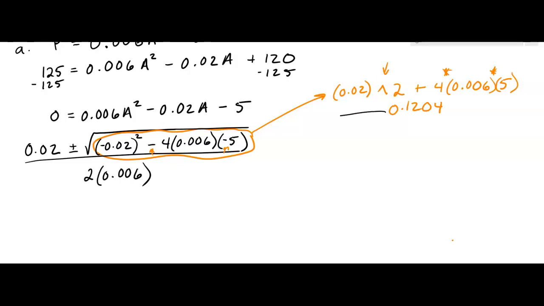That's going to go back in here. So now I have 0.02 plus or minus the square root of 0.1204 all over 2 times 0.006. What's that? 2 times 0.006.